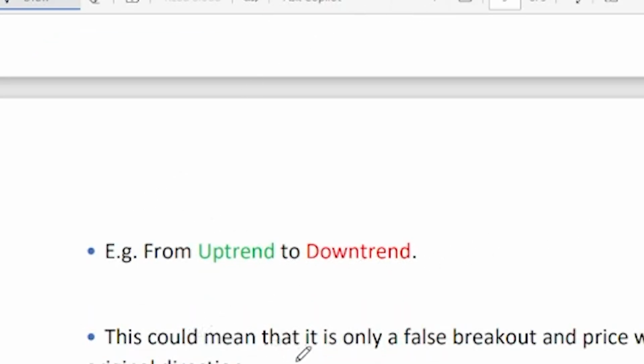Or it could mean only a false breakout, and price will soon head back in the original direction. That's what I was talking about, the false breakout or fake out, where we are expecting the market to continue in the direction, the market breaks out of the trend line and you start thinking the direction is going to change, and then the market goes back below that trend line when you are in the downtrend and continues to the downside.